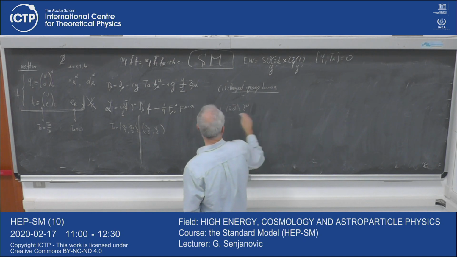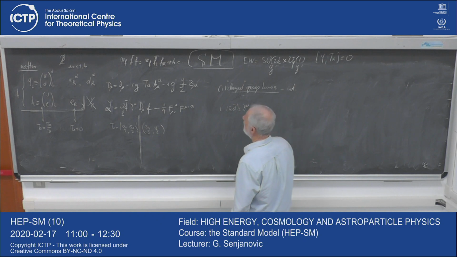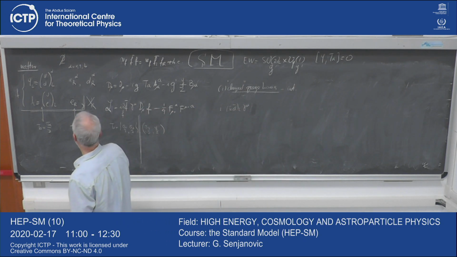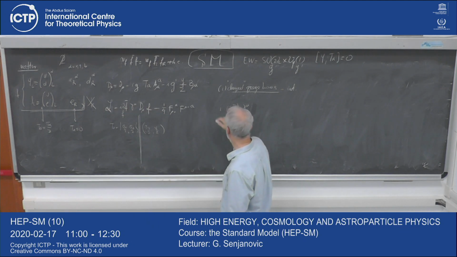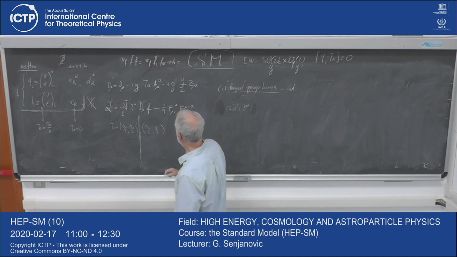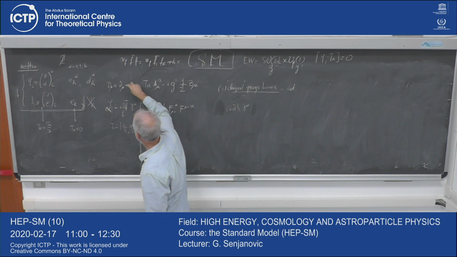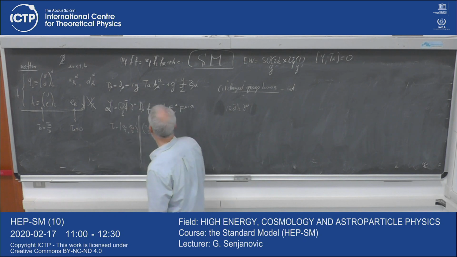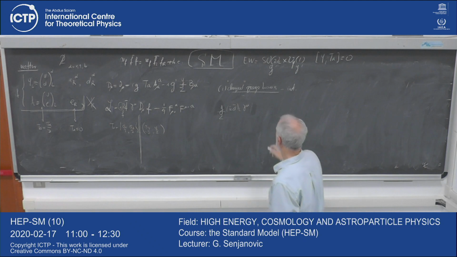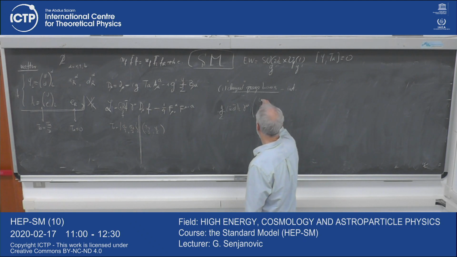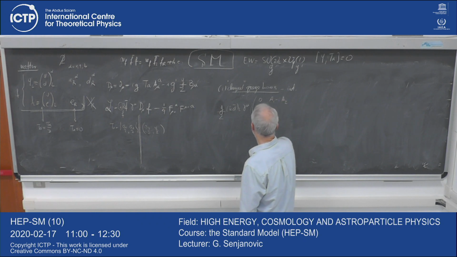Well, I'm looking at the interaction, not the kinetic energy. I and minus I is going to give me a plus sign, right? There is a minus I here, and there is plus I outside. So I will get g over 2, and then I will have 0, A1 minus i A2, and A1 plus i A2, 0.